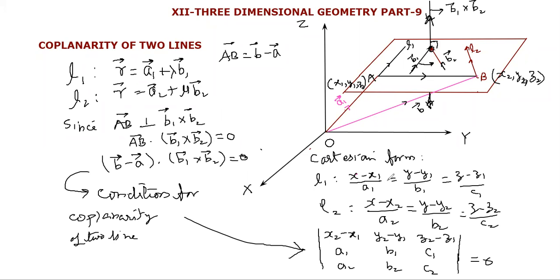If it is given in Cartesian form, we find the determinant with x2 minus x1, y2 minus y1, z2 minus z1. Here x1, y1, z1 come from the first line, and A1, B1, C1 are the direction ratios of line 1. x2, y2, z2 come from the second line, and A2, B2, C2 are the direction ratios of the second line. Substitute in this determinant and solve it to get 0. If you are getting 0, that means the lines are coplanar.